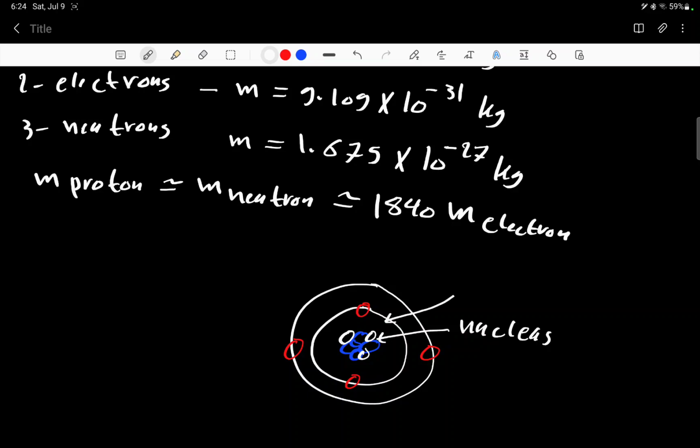And here we have the electron shells, which contain the electrons in red.